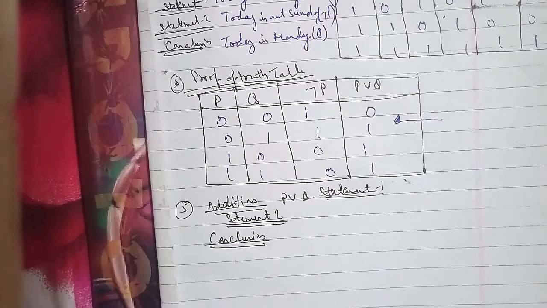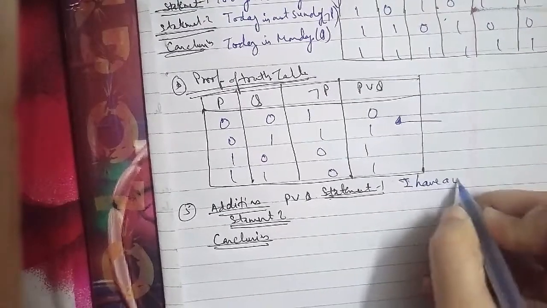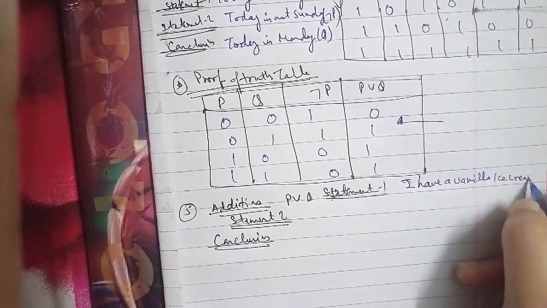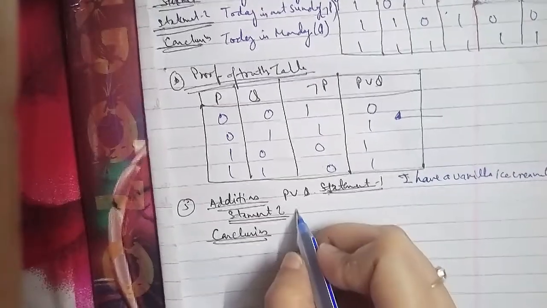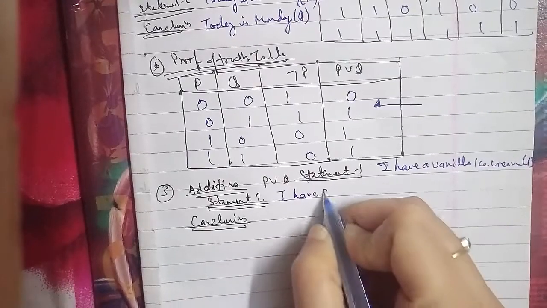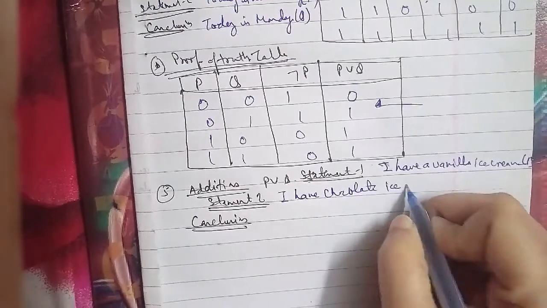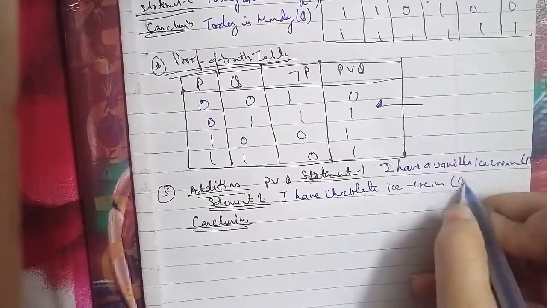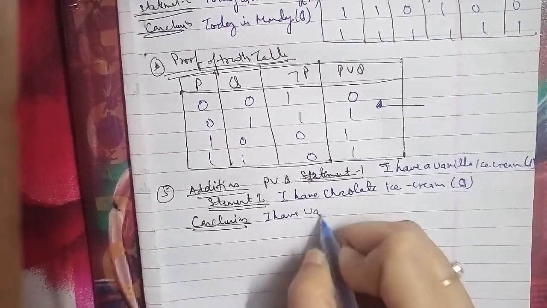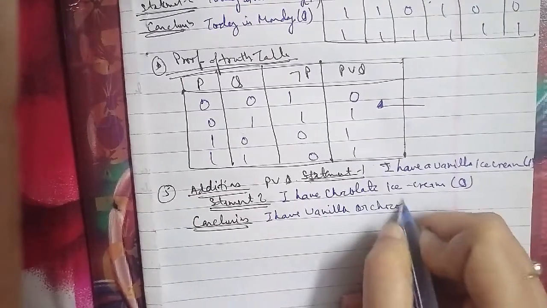That is P or Q. So the proof by truth table that we have is just P, Q and P or Q. In the addition case, if it is 0 0, then it is 0.